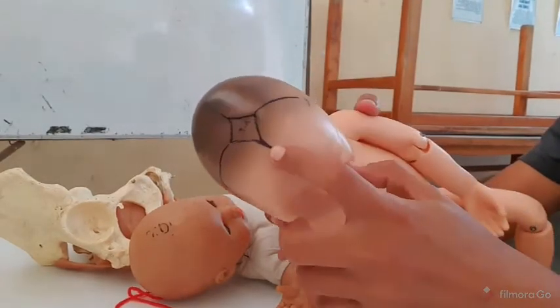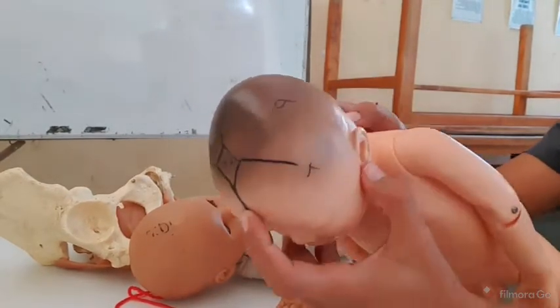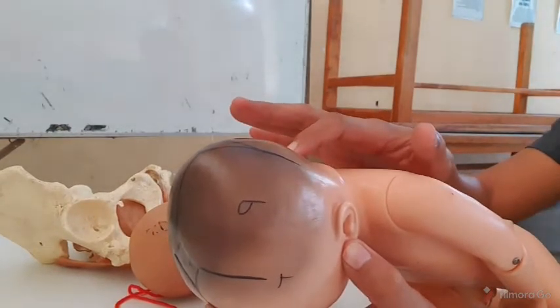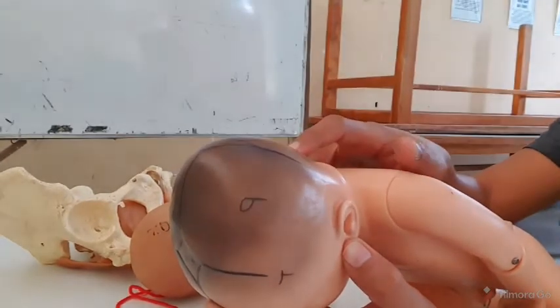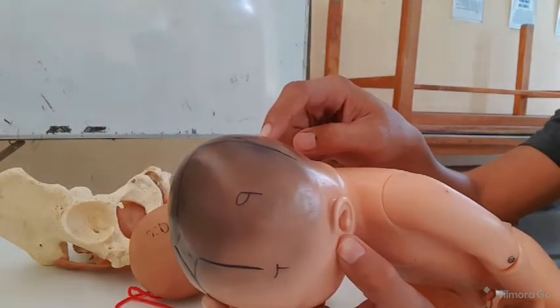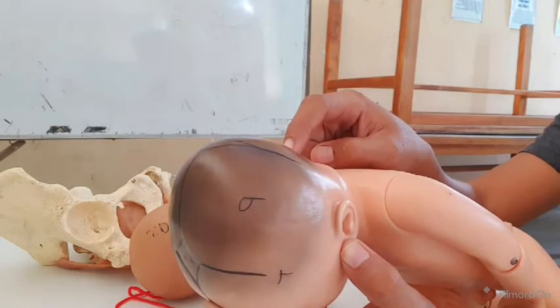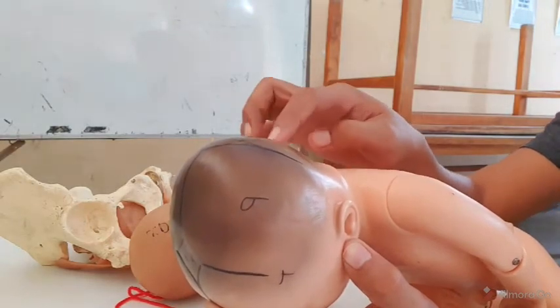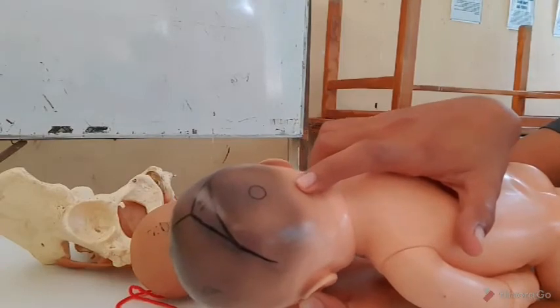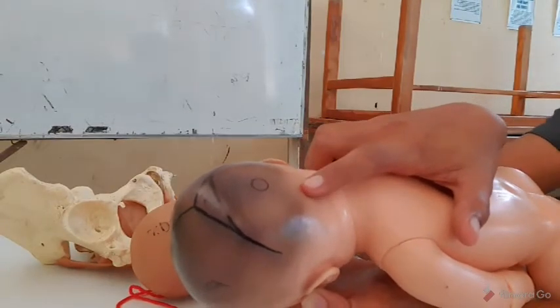The suboccipitobregmatic and the occipitofrontal are measured from the occipital protuberance, whereas the suboccipitofrontal is measured from below the occipital protuberance.